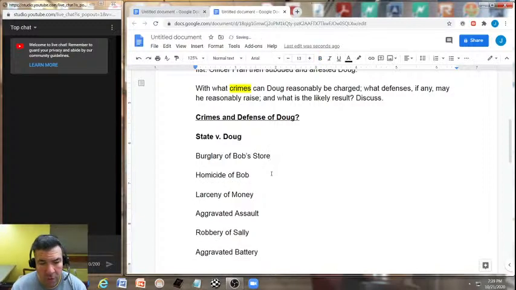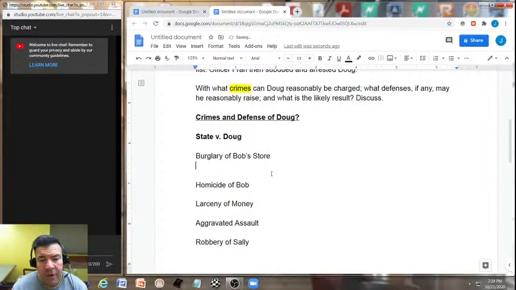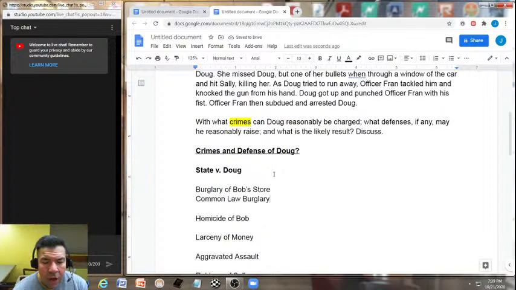Now, burglary of Bob's store. You might be asking yourself, aren't there two types of burglary? Absolutely there are. There's the common law burglary, which we ask ourselves here, is Doug's store a dwelling house? First let's lay out what common law burglary is.